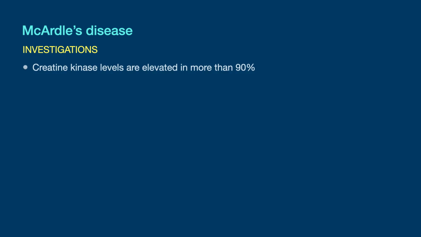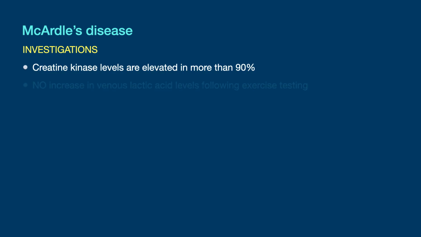Investigations-wise, a history of painful muscle cramps that occur within few minutes of initiating activity, which subside rapidly in conjunction with a raised serum creatine kinase, is highly suggestive of McArdle's disease. Creatine kinase levels are elevated in more than 90%.